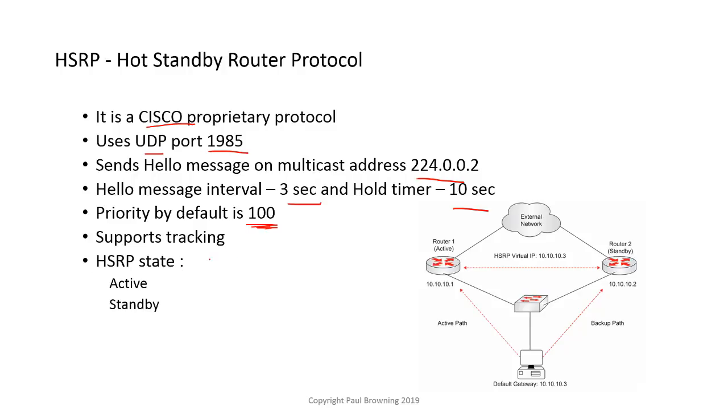It supports tracking an interface, which is mentioned. I think I mentioned it in my books, but I'm not sure if it's in the syllabus, so you'll have to check that. But it can track interfaces going up, down, and load on the interfaces and then take action. Your states are active or standby. So these are the names of the master router and the backup router.